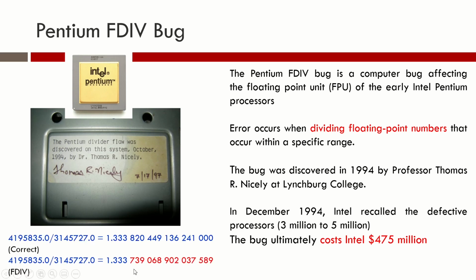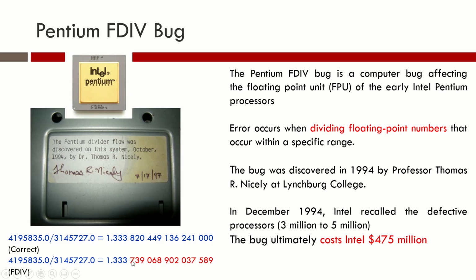See, for example, suppose we have two floating point numbers. See here, the two floating point numbers. When these floating point numbers are divided, the correct answer is 1.33382044913624100. This is the correct answer.